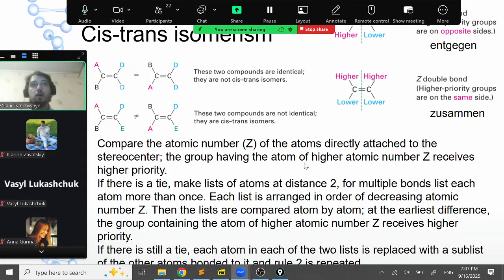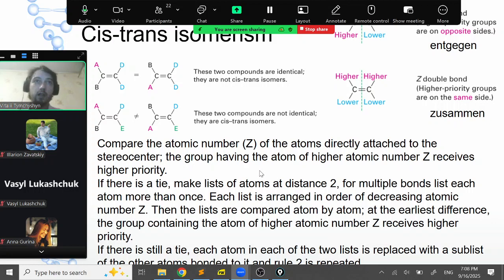Like when we were talking about cis and trans, looking at the substituents: are they on one side or on different sides of the double bond? The same case here, but we talk about higher and lower priority substituents. So first of all, we compare the atomic number Z of the atoms directly attached to the stereocenter. The group having the atom of higher atomic number receives higher priority.